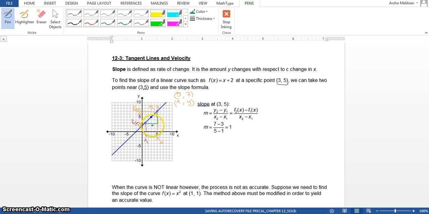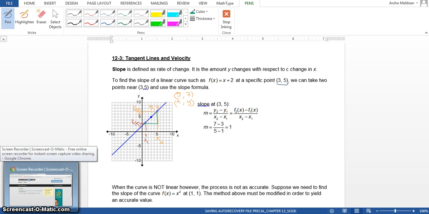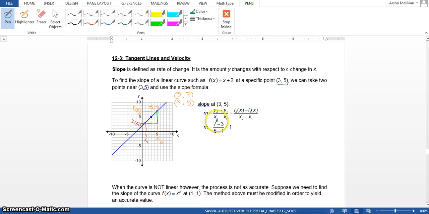So how much does the y value change when I go over this many units in the x? Okay? All right. We're usually used to finding the slope with this formula, y2 minus y1 over x2 minus x1.